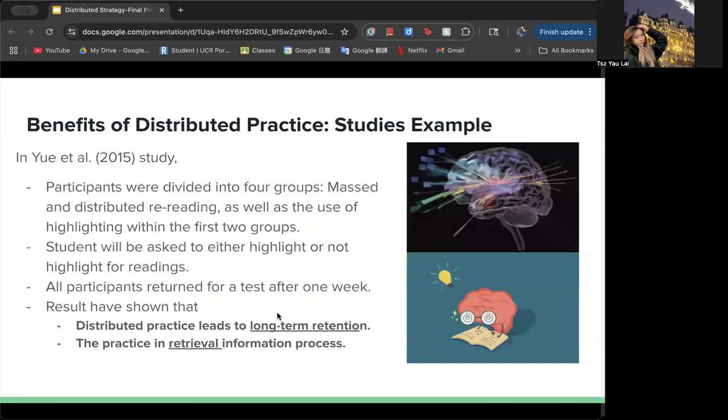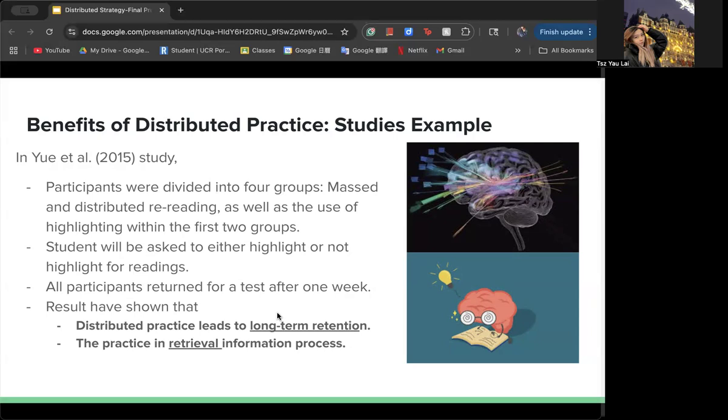Some of the study examples that prove the benefit of distributed practice are a study from 2015, where participants were divided into four groups, basically massed reading or distributed rereading.